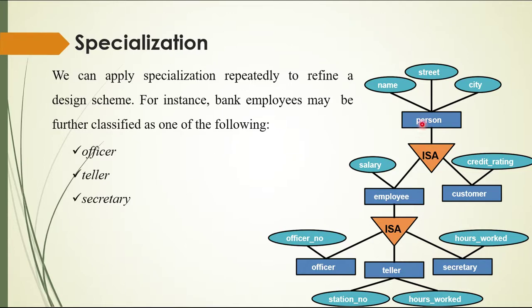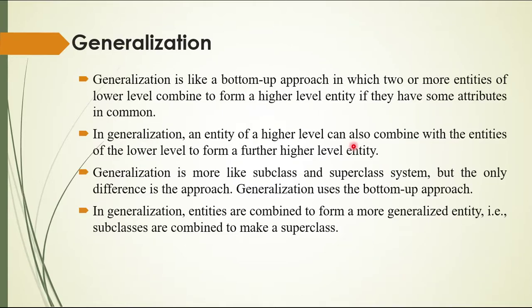Now here employee is a subclass of superclass person. Now employee is a superclass of officer, teller and secretary. So we can repeatedly divide one entity into other parts. So this is the specialization and it is a top down approach. Now next is generalization.